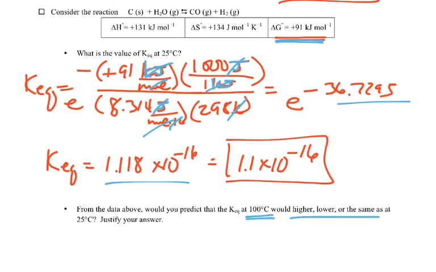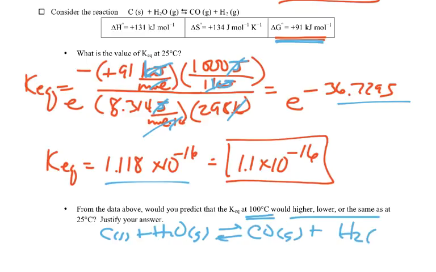Okay, my KEQ. What I'm thinking is I would do it as a Le Chatelier's problem. I have my equation: carbon, that's a solid, plus H2O, that's a gas, turning into CO, that's a gas, and H2, that's a gas. My delta H is a positive number, so that means the heat is going to be on the left side somehow.